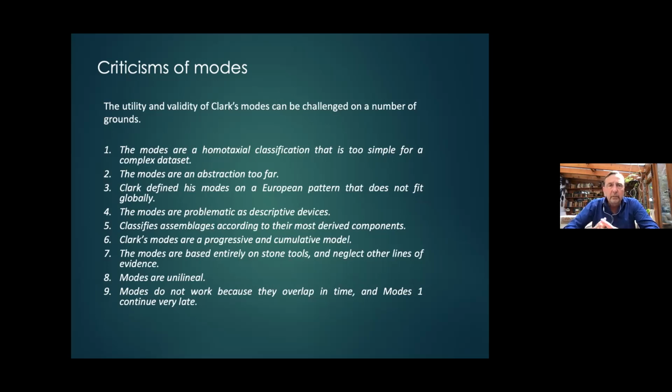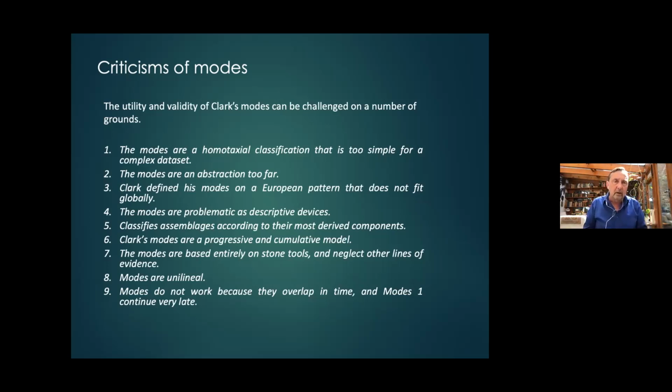They are based on a European pattern rather than global ones, and the different patterns we see in Southeast Asia certainly don't seem to fit that. They're relatively weak in their descriptive devices, and they're not taking into account the whole assemblages. They're just looking at the most derived components of those.